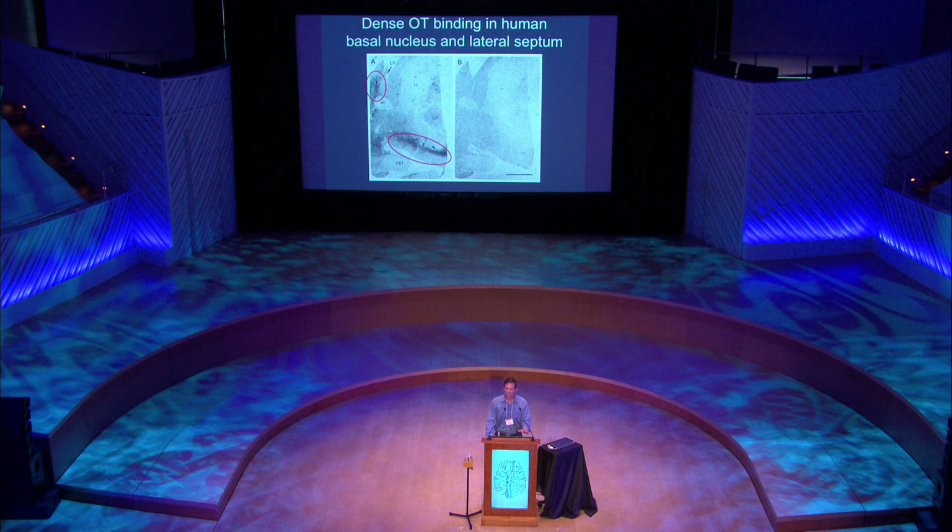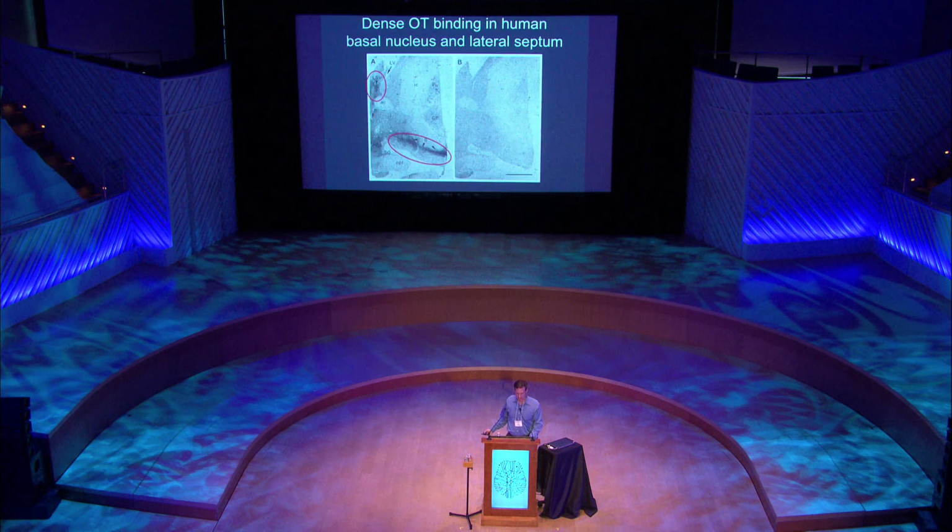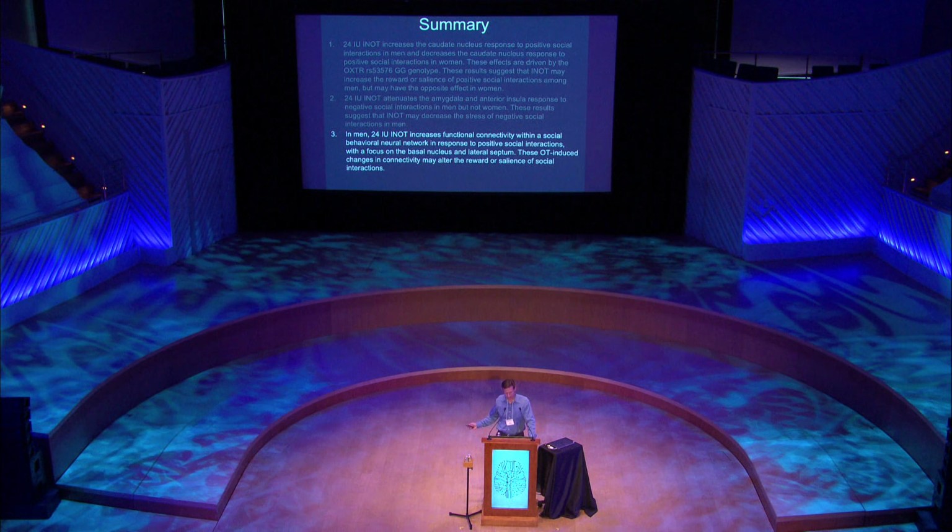So it makes sense that when we administer exogenous oxytocin, we would see changes in brain activity in areas that have a lot of receptors to sense that oxytocin. And so we think oxytocin may be working through these areas to kind of synchronize that network and thereby enhance the salience of these positive social interactions. So that was my third point.